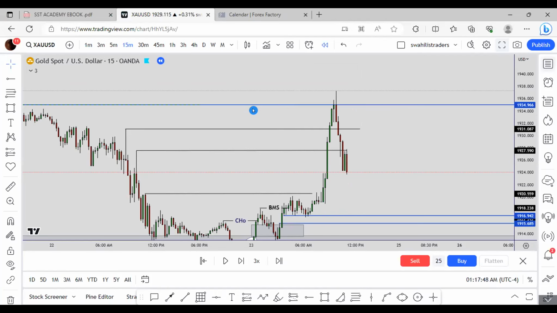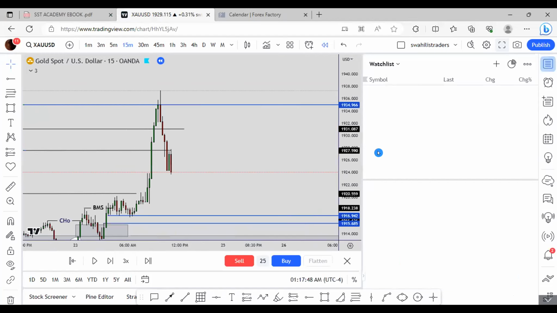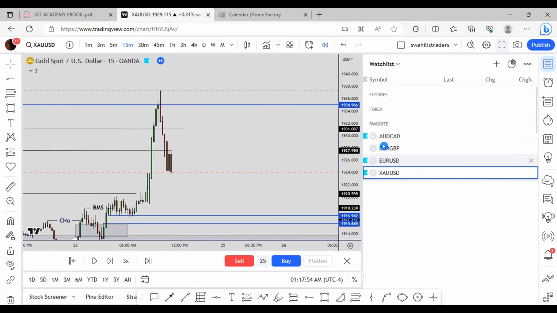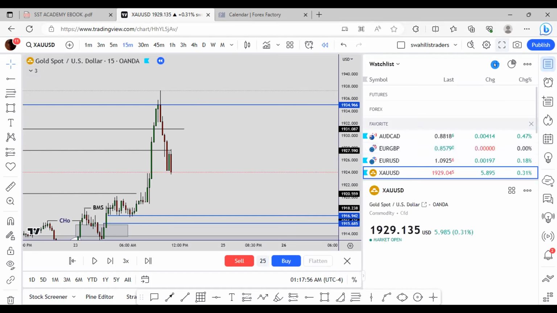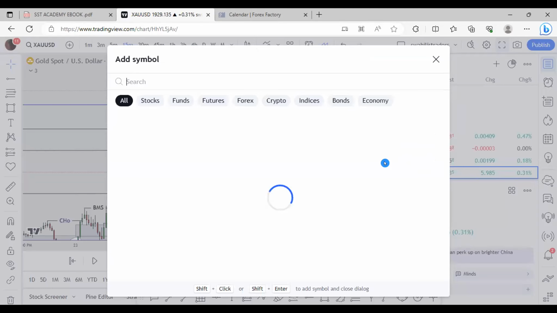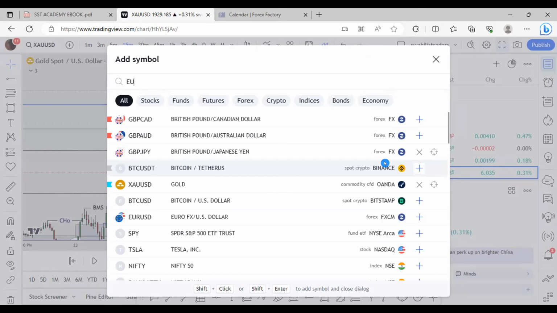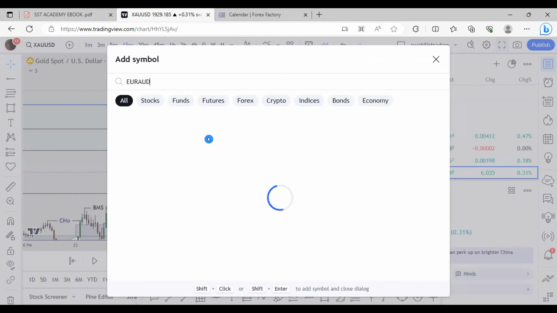So it is daily time frame, is it? Daily time frame. Yeah, daily time frame. Let me check it out. Would it be okay if I can share my screen?